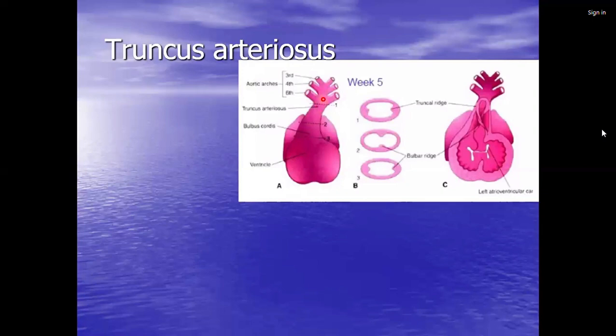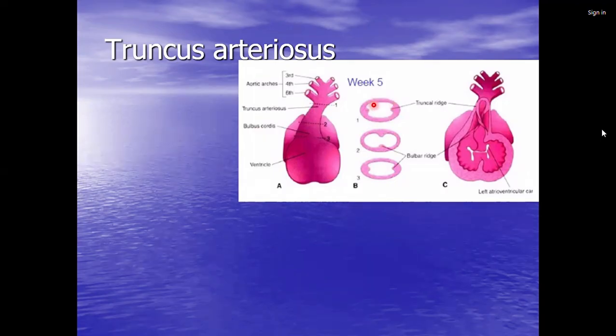So the outflow tract is a common tubular structure, and we have some cushions, neural crest cells developing within the wall, forming a septum that grows towards the lumen. This growth of the neural crest cells forms a complete septum, separating the outflow tract into the aorta and the pulmonary artery.